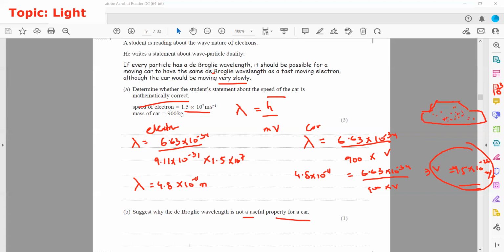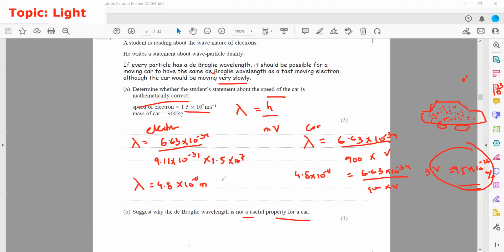The de Broglie wavelength is applicable for a microscopic single particle, or even a group of particles, but not too many. A car is a combination of so many particles. That's why the de Broglie wavelength equation is only explained for microscopic particles, and is not useful for a car.